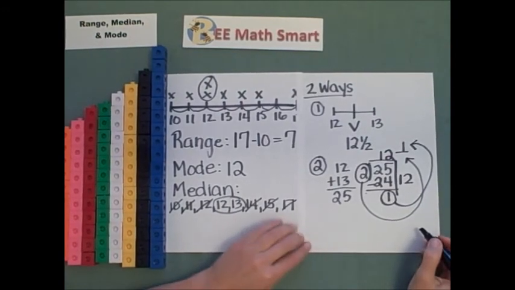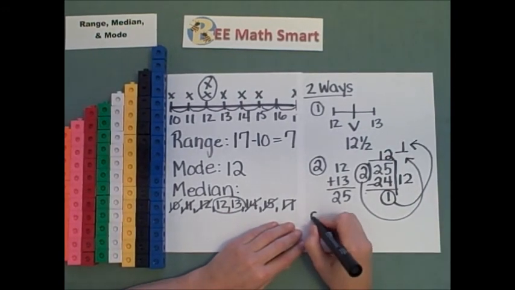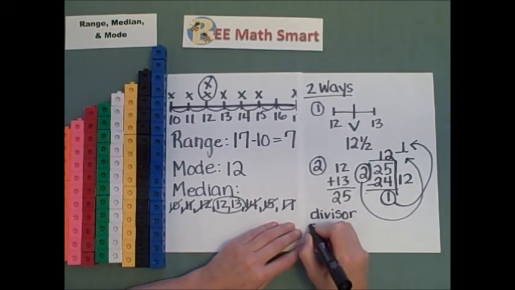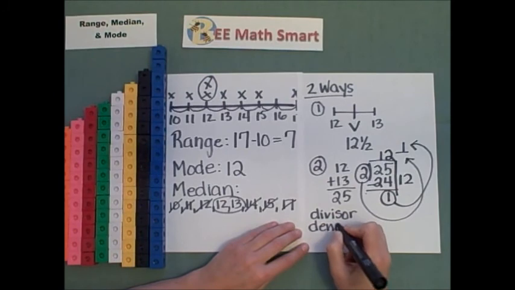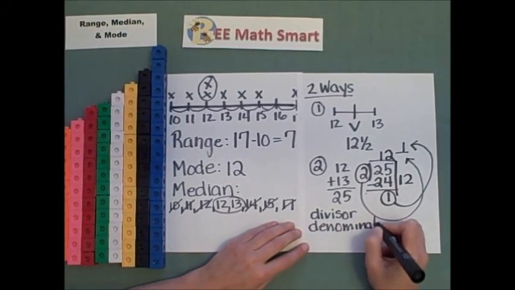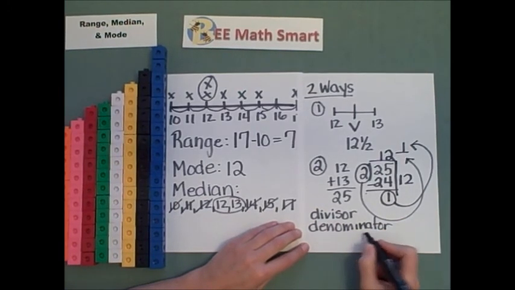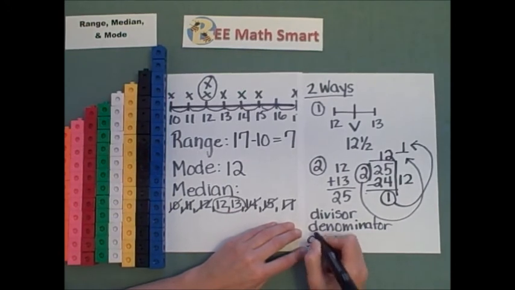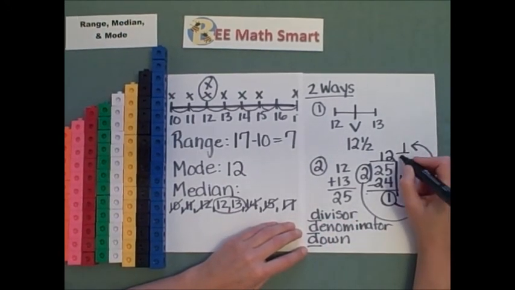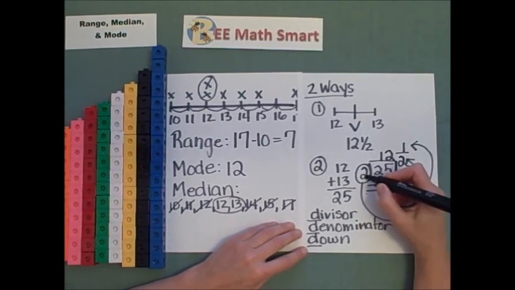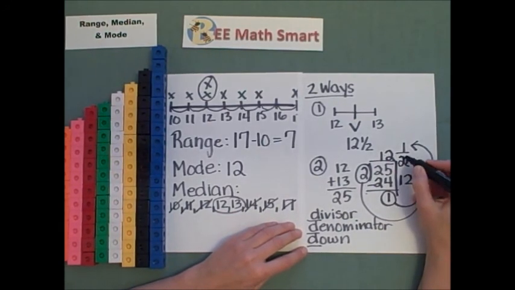If you have trouble remembering that, divisor, denominator, and down all start with the D. That's how I remember that the 2 goes down, because it's the divisor. It's going to become the denominator, and it's the down number in a fraction.